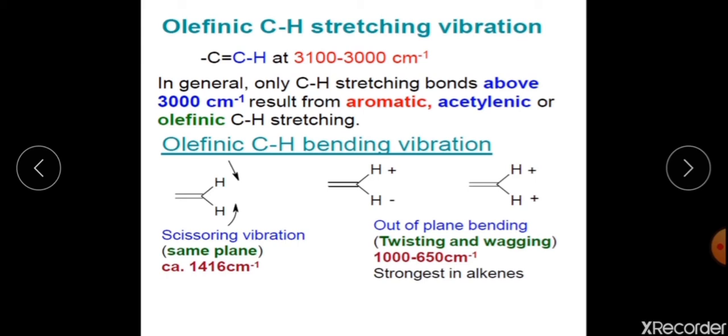Now, we are concerned about this one, in blue color, the carbon-hydrogen stretching vibration. This will absorb at around 3000 centimeter inverse, and absorption above 3000 centimeter inverse results from aromatic, acetylenic, or olefinic C-H stretching vibration. We may have different types: this one is your scissoring vibration.